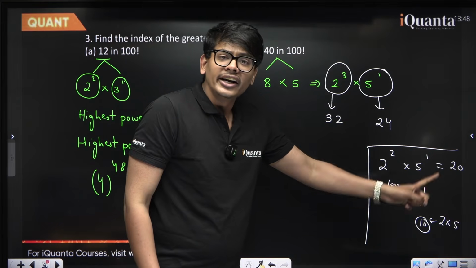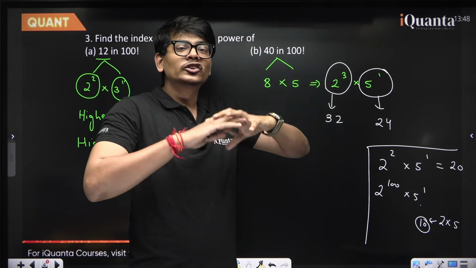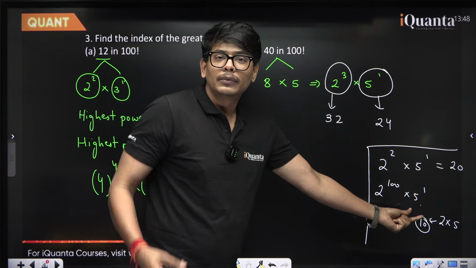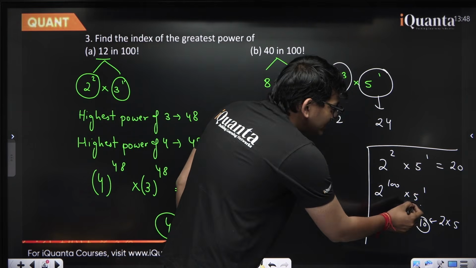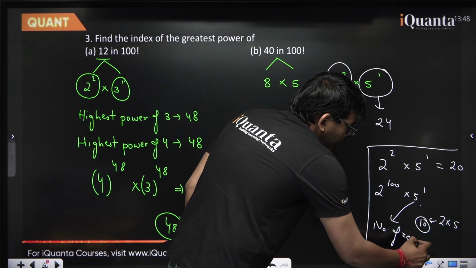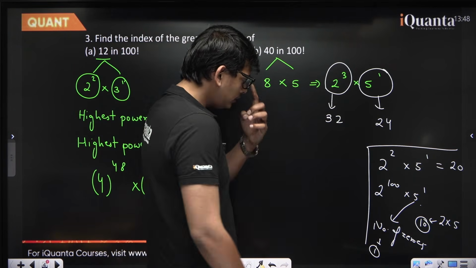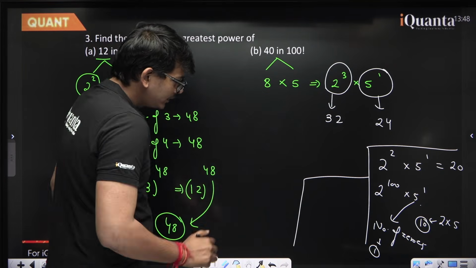So it contains only one 5 and 100 2s, but it does not make a difference because the power of 5 is less, so this will decide the number of zeros. Right? Let's take more examples to make you understand.